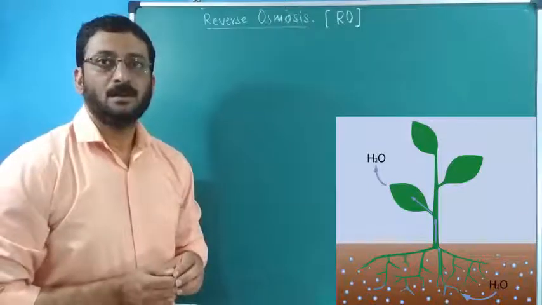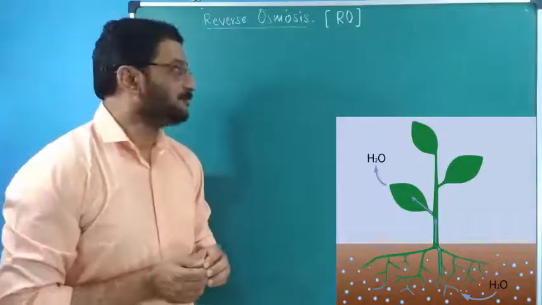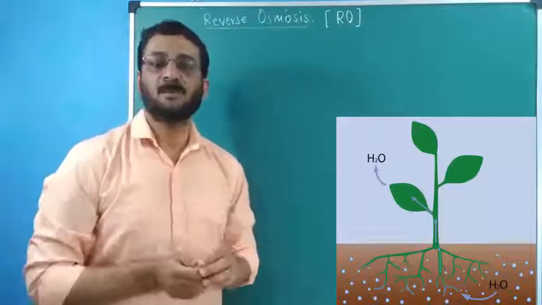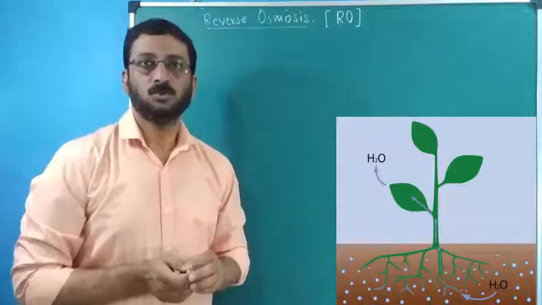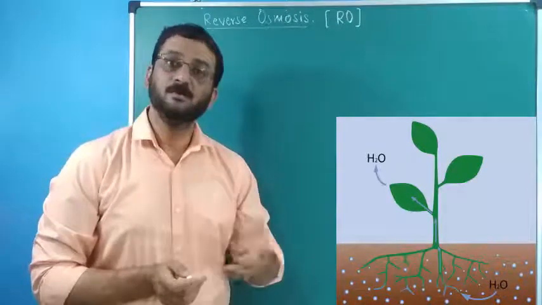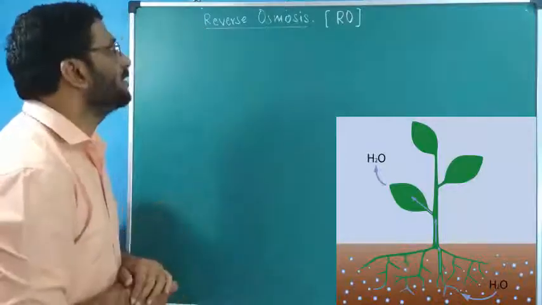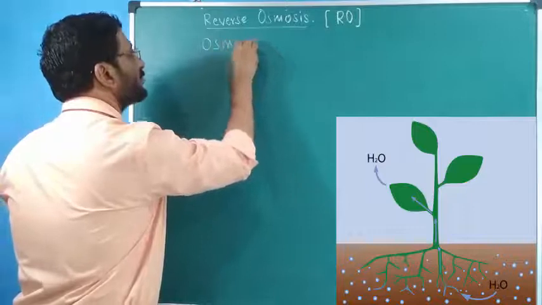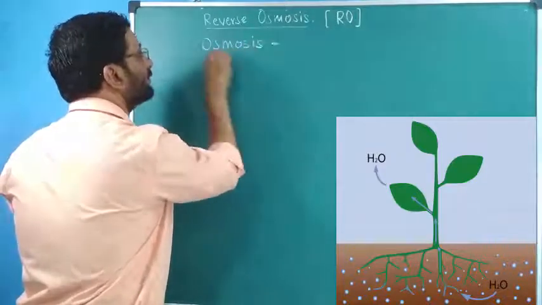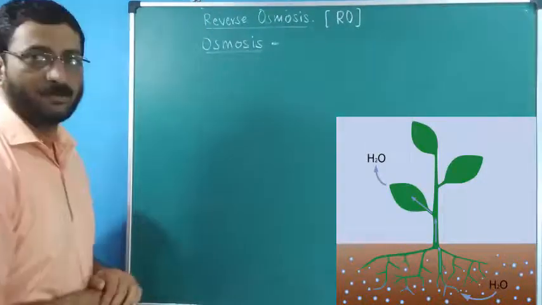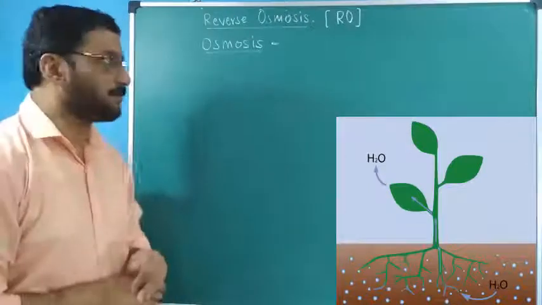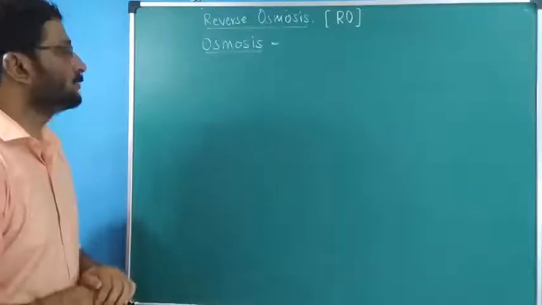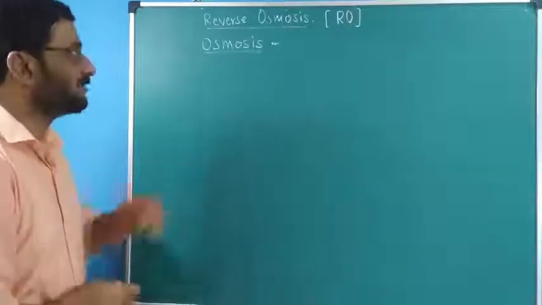Apart from that, osmosis also protects the plant leaves from losing water by the evaporation process. Now first go to osmosis. First try to explain osmosis. After that we will see reverse osmosis. That is a part of your topic. So first osmosis and then reverse osmosis.